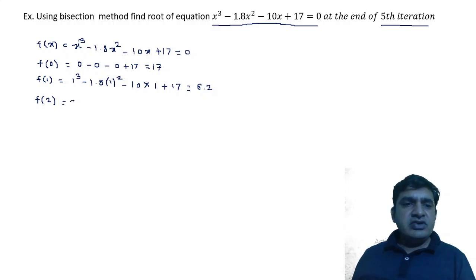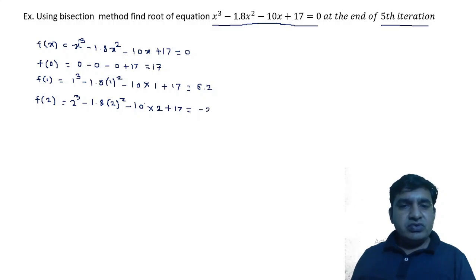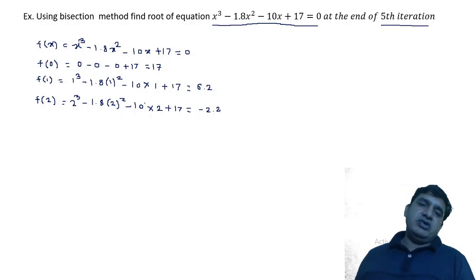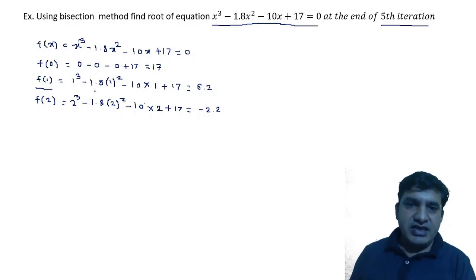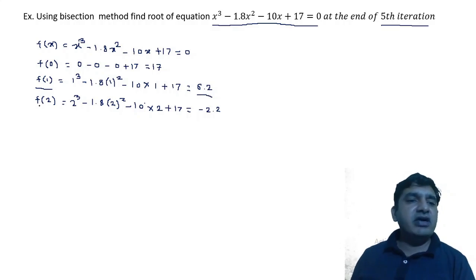This indicates 2 cube minus 1.8 into 2 square minus 10 into 2 plus 17, and it is equal to minus 2.2.